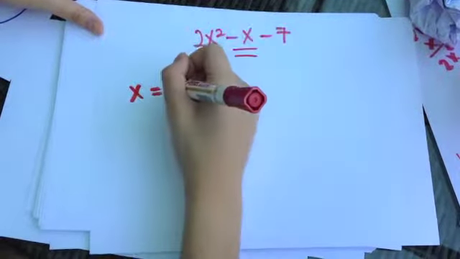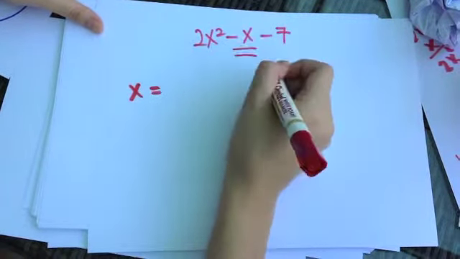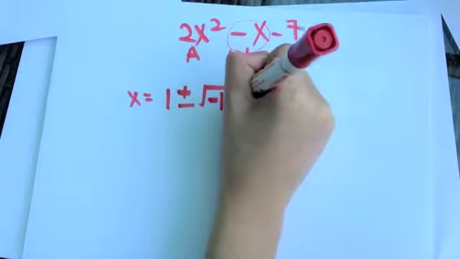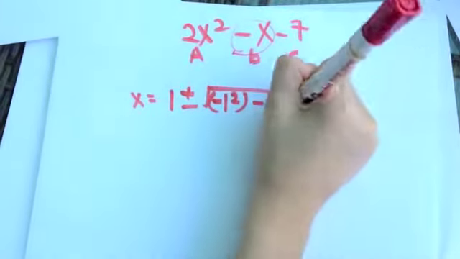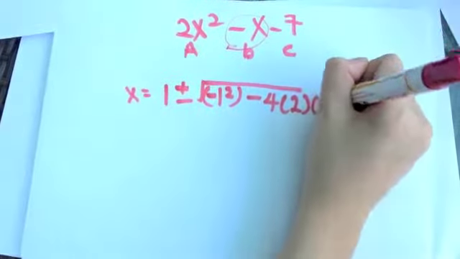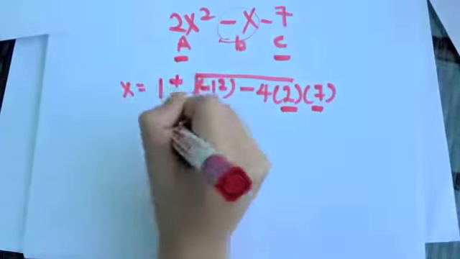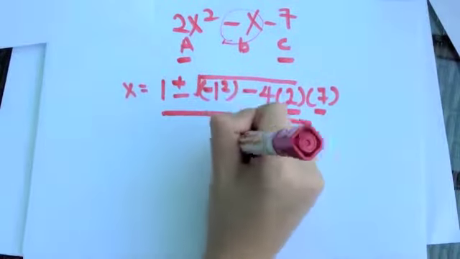Since b is negative 1, and negative times negative equals a positive, we'll get 1 squared minus 4 times 2 times 7, because a and c are here, over 2 times 2.